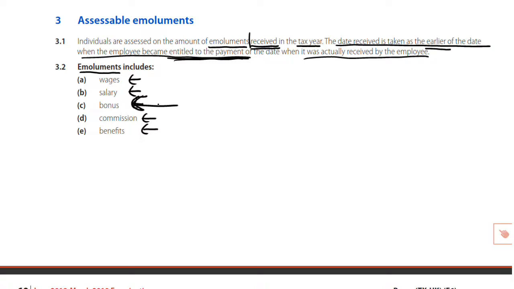Now, what that means, of course, is that March 2018 is in the 17-18 tax year, whereas the date of receipt, May 2018, is in the next tax year, 18-19. So what happens? We take the earlier of those two. Clearly, HMRC will be keen to assess you at the earliest possible point in time. So date entitled March 18, it is before May 18. You would assess that bonus in the 17-18 tax year.